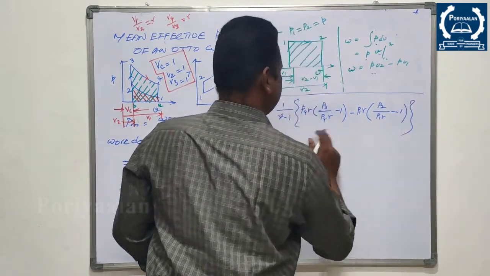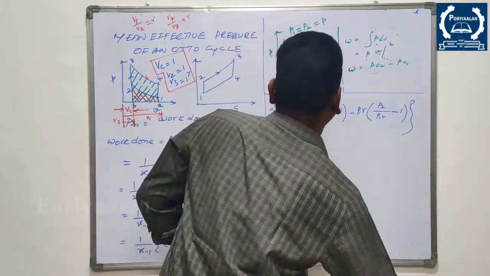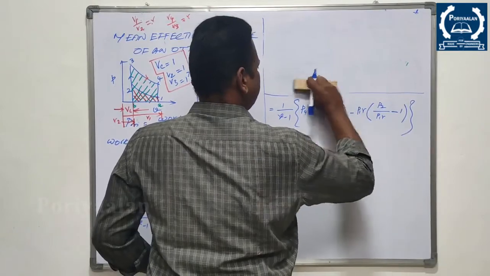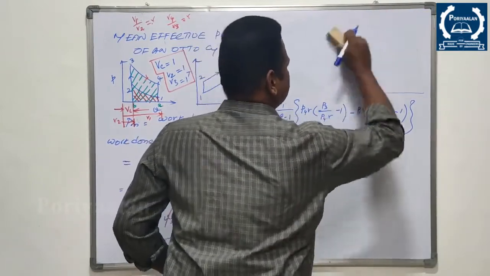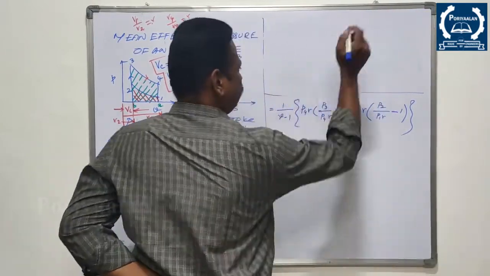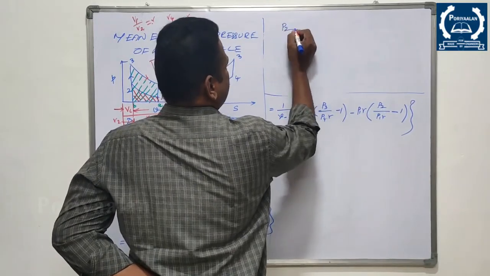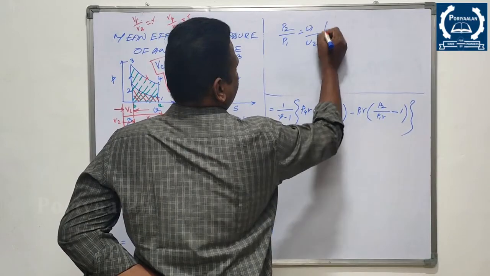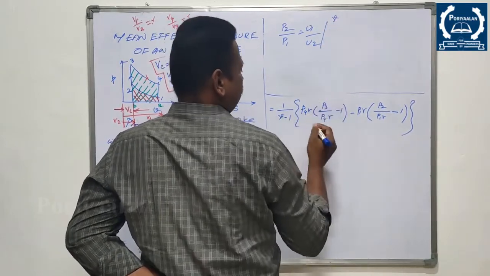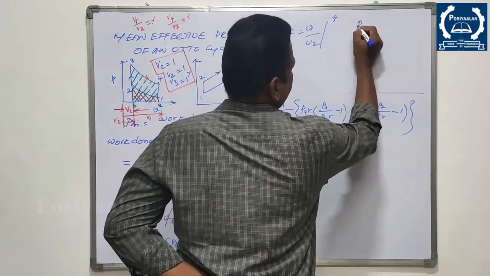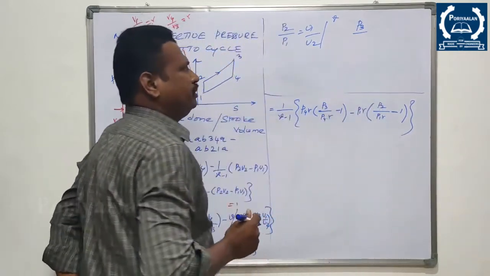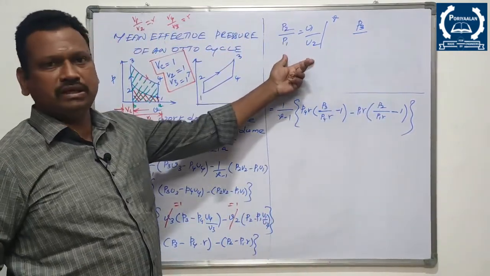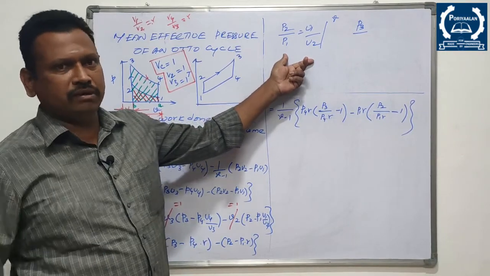So for these two things, you may be knowing that isentropic relations for PV is P2 by P1 is V1 by V2 to the power gamma. Likewise, P3 by P4, these are all isentropic relations for the process 1 to 2 PV relation. You might have studied in thermodynamics, right?